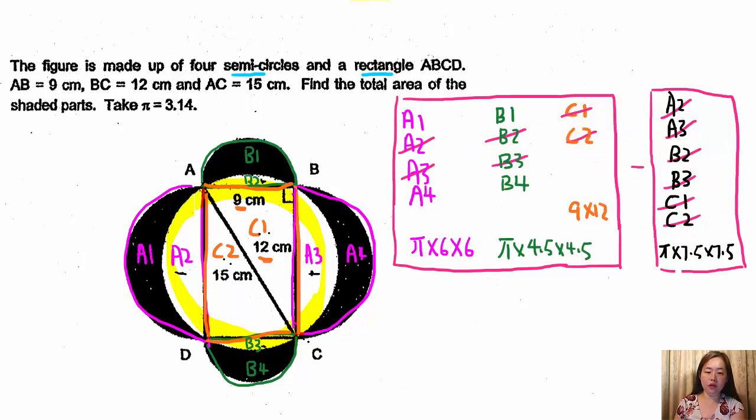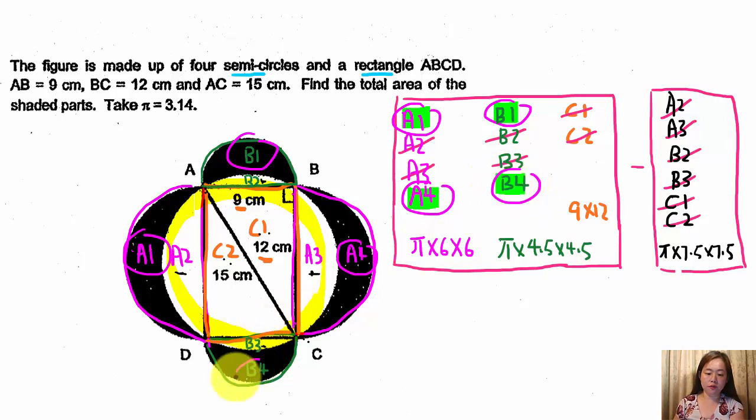So the remaining area will be A1, A4, B1, and B4, which is actually from here.